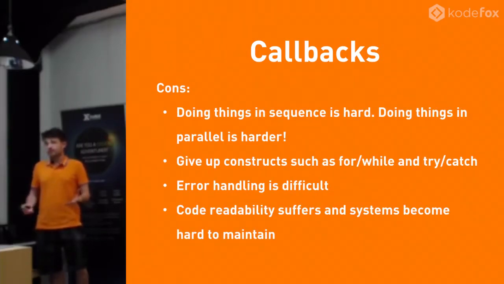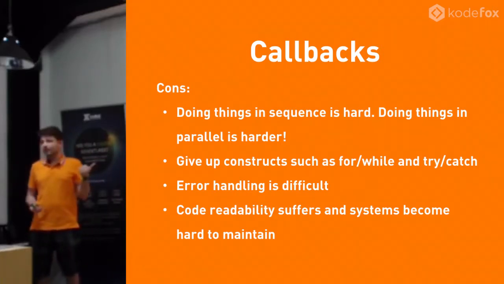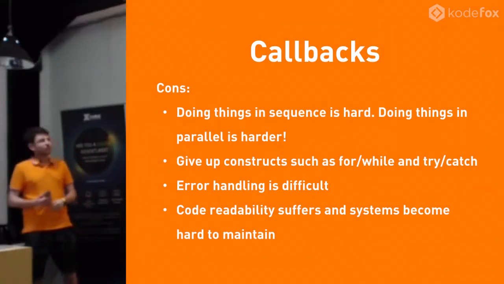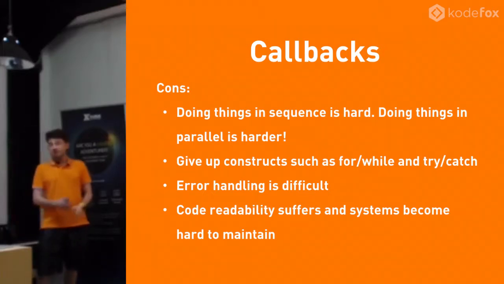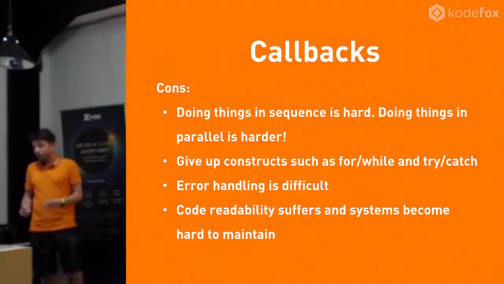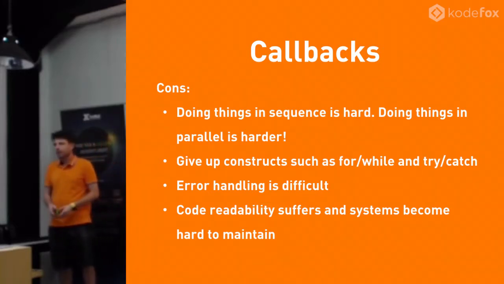What are the downsides? Well, doing things in callback style is really difficult, right? Doing things in sequence is difficult. Doing things in parallel is even harder. You give up constructs that you're familiar with, like for and while and try, catch, and those are things that people coming to JavaScript world from a PHP background or from Java or almost any other language don't understand why you can't do.